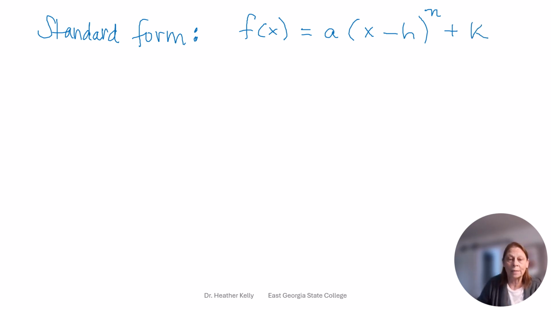Let's just break it down here. Now, this n could be anything, but right now we're talking about polynomials. So here, n is going to be a positive integer, and with that being the case, it forces polynomials.